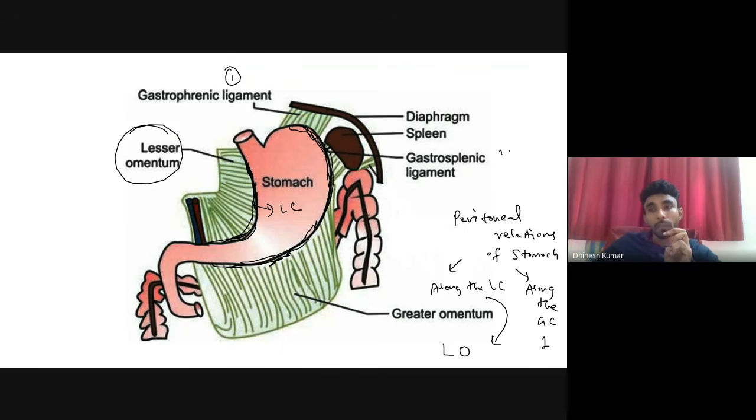Gastrophrenic ligament, gastrosplenic ligament, and greater omentum. So these are the 4 peritoneal relations of stomach. Along the lesser curvature, lesser omentum. Along the greater curvature, we have gastrophrenic ligament, gastrosplenic ligament, and greater omentum. Okay, fine.